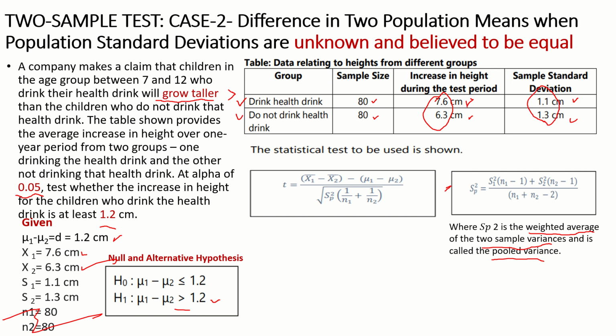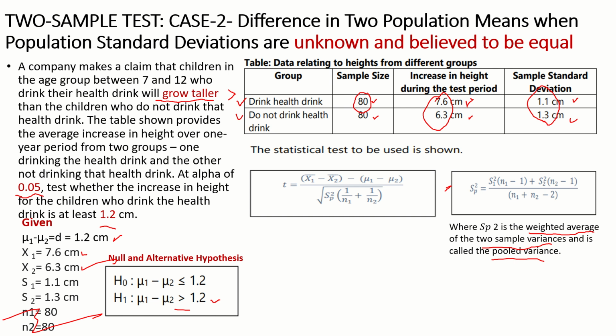So how is sp square calculated? It is S1 square, the sample standard deviation of group 1 squared, into the degrees of freedom for group 1, which is n minus 1. N is 80, so 80 minus 1 is 79.